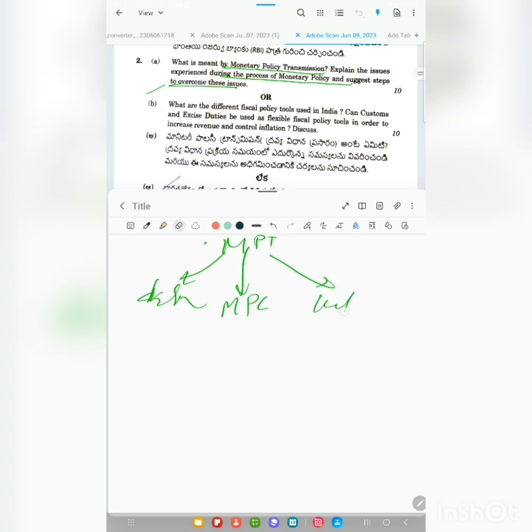Third is, way forward or steps to recover. Since there was a small article regarding monetary policy transmission in the Economic Survey, APPSC might have picked up this topic from there. I don't exactly know why APPSC chose this.